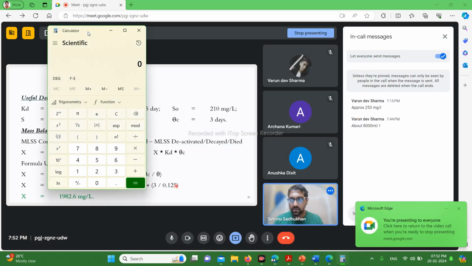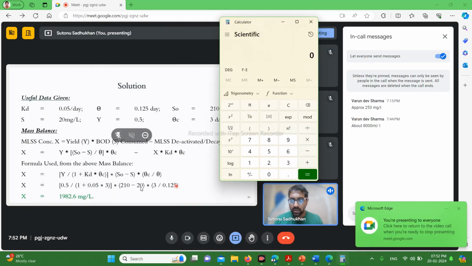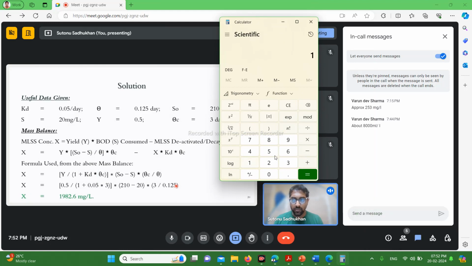So it is your 210 minus 20. That means 190, right? 190 into 3 into 8, that means divided by 0.125.